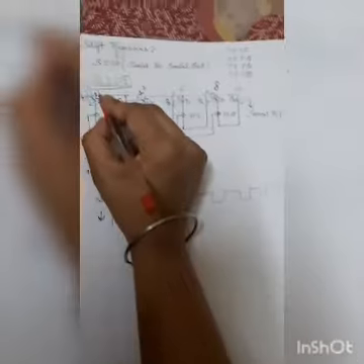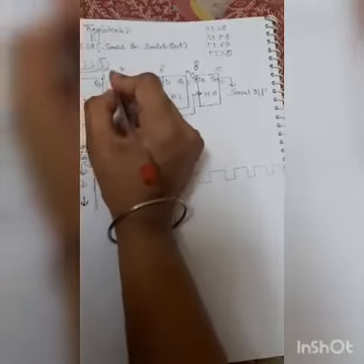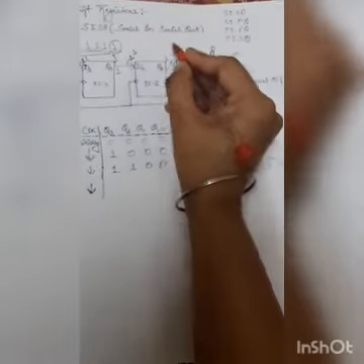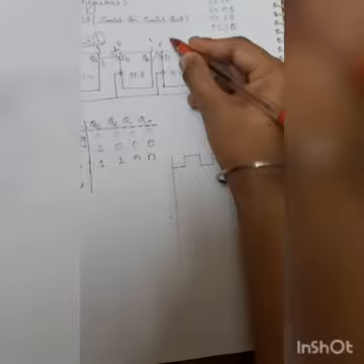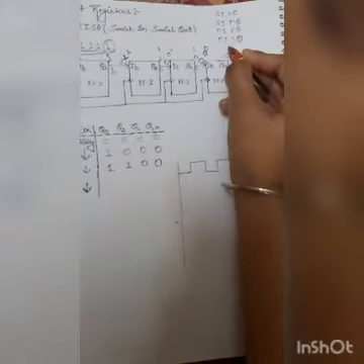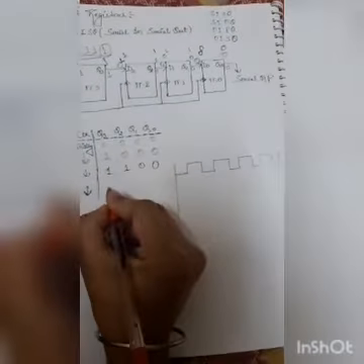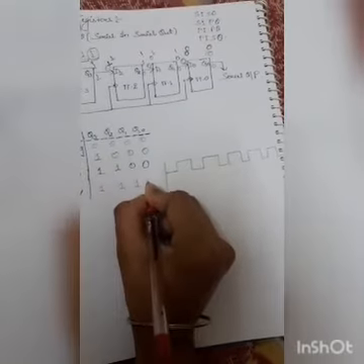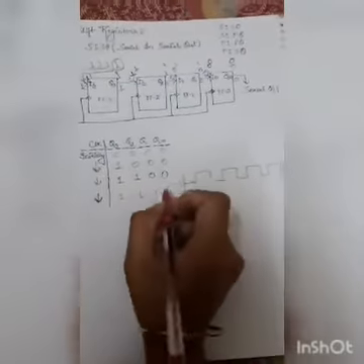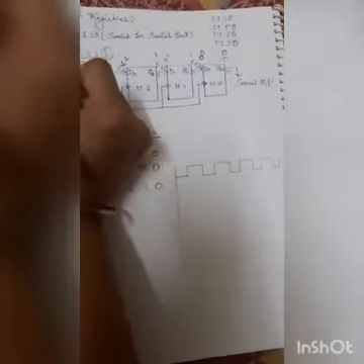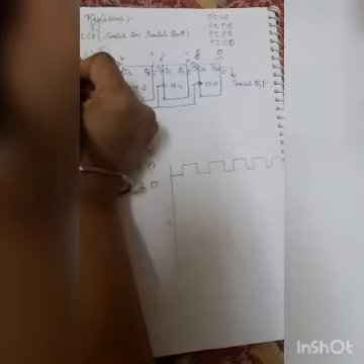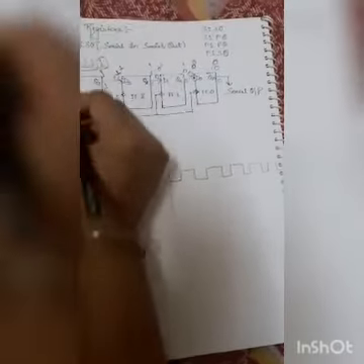So what are the outputs of these? D3 is 1, here also we will get a 1, 1, then 0. So the outputs are 1 1 1 0.